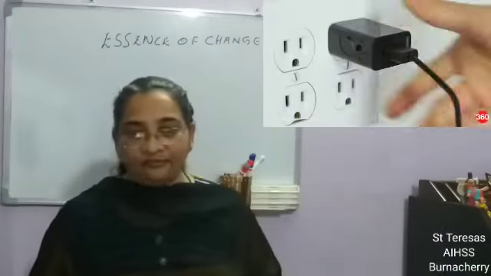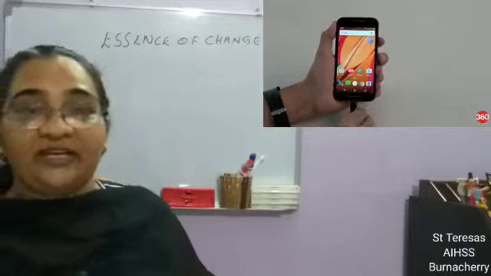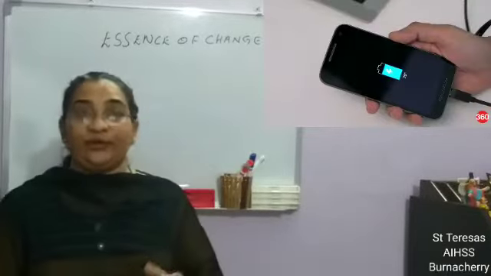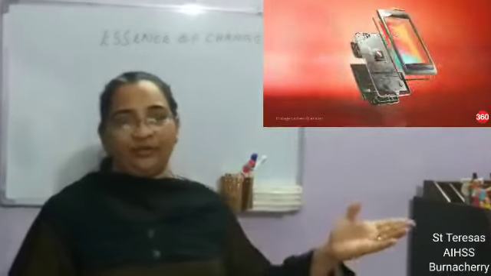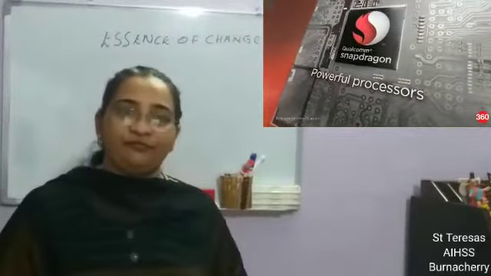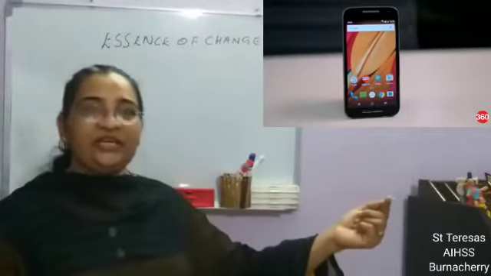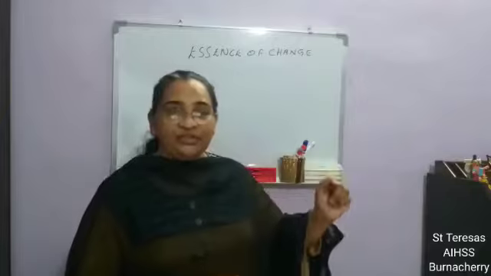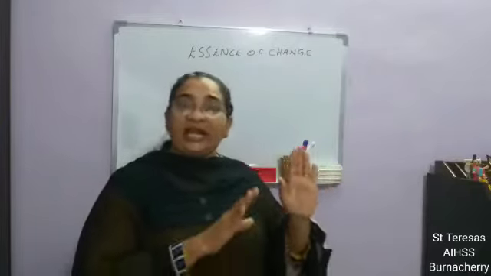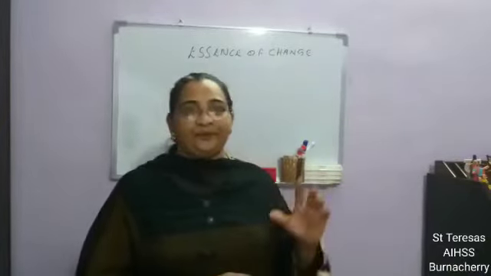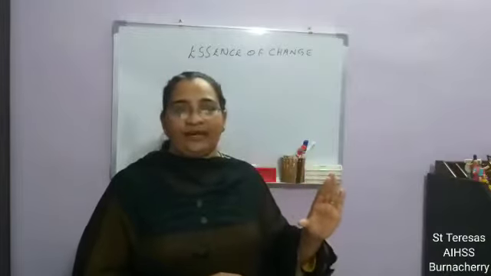If you take a mobile phone, what are the different forms of energy there? Yes, when we charge a mobile phone, electrical energy is transformed into chemical energy and stored inside the cell battery of the mobile, isn't it?